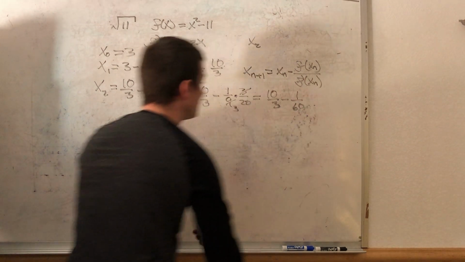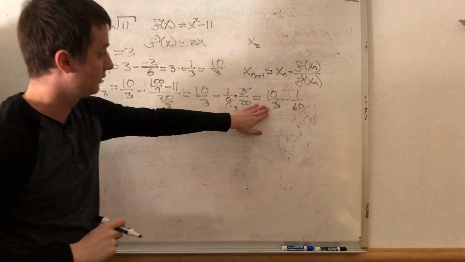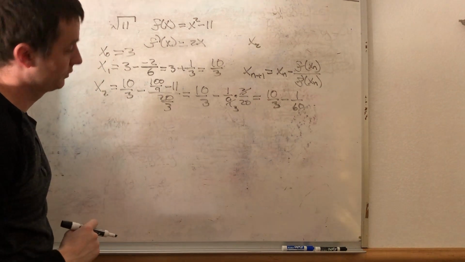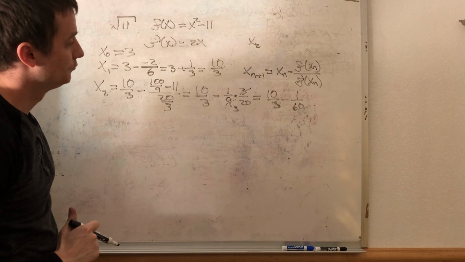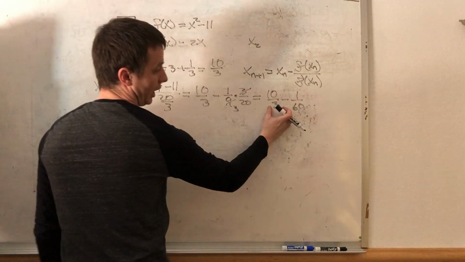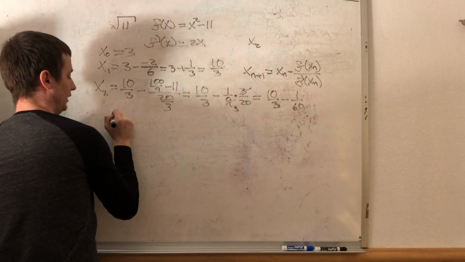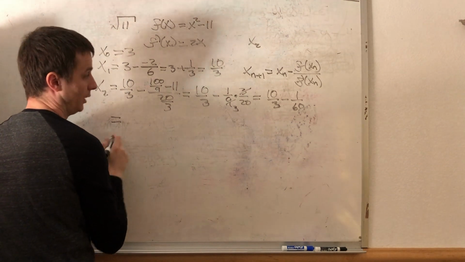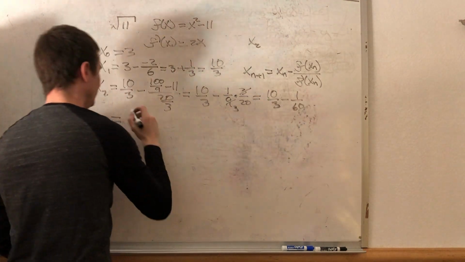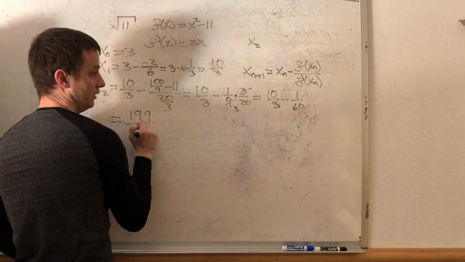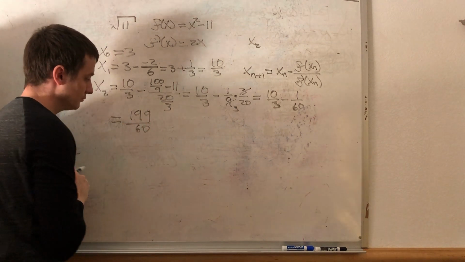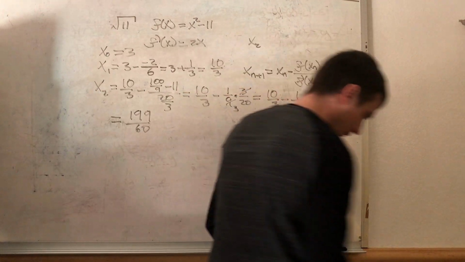Let's get this in terms of 60ths, so multiply top and bottom by 20. We get 200 minus 1 is 199, all over 60. 199 over 60.